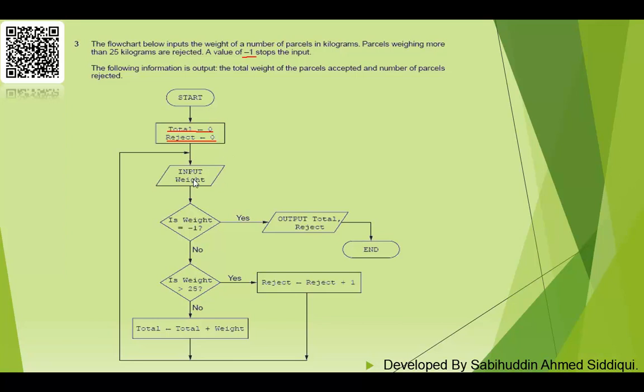The next statement, you can see you are inputting the weight, and after inputting the weight you are testing the condition: is weight equal to -1?